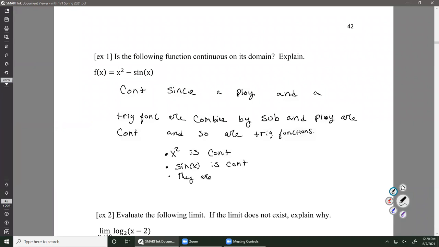They are held together by subtraction, and therefore x squared minus sin of x is continuous. So those are the four things that I'm looking for, which we got up here.